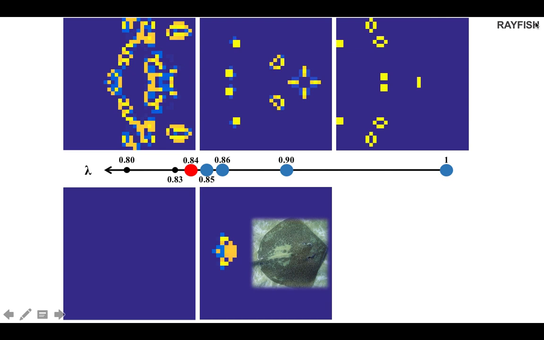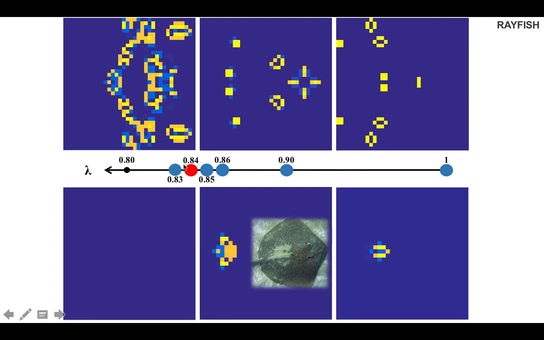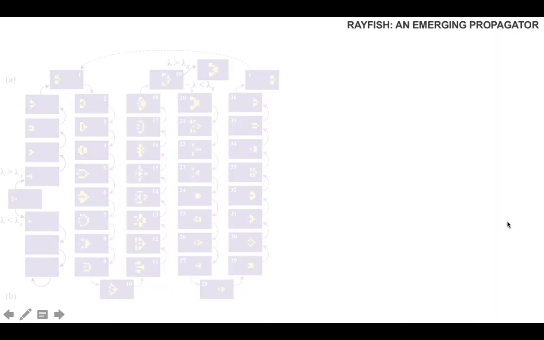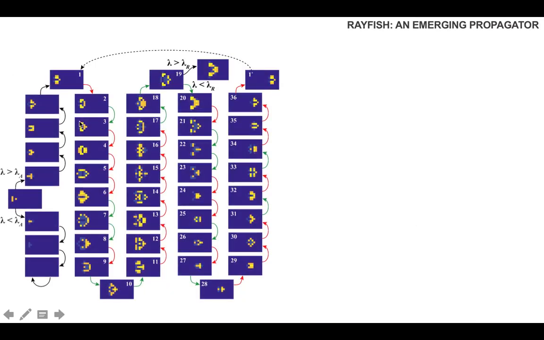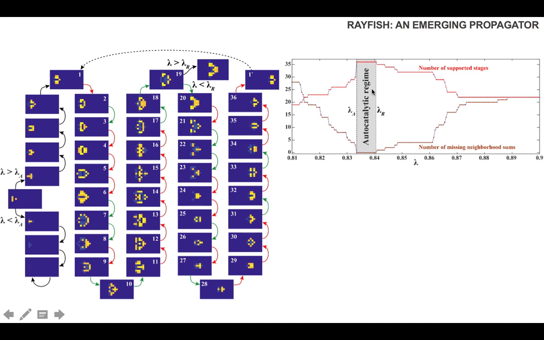Now we named it RAYFISH because of the way it swims and the way it looks like a rayfish. And you can see that outside this regime over here, it also blows up. So this animal, a period 36 propagator, actually lives in this autocatalytic regime, which is shown by this lambda A. So you have to be bigger than lambda A and smaller than lambda R.